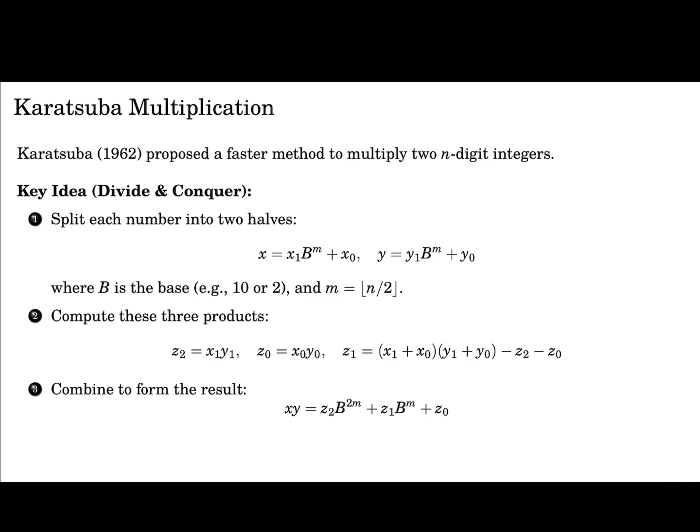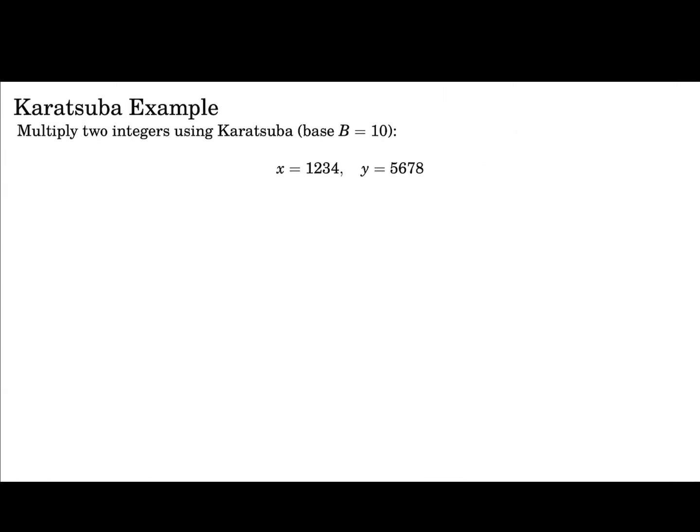And I think the easiest thing is to go over an example. So let's say that you want to multiply 1,234 with 5,678. The way this works with the Karatsuba algorithm is that you choose your base, here 10, and then you split the number into two parts.